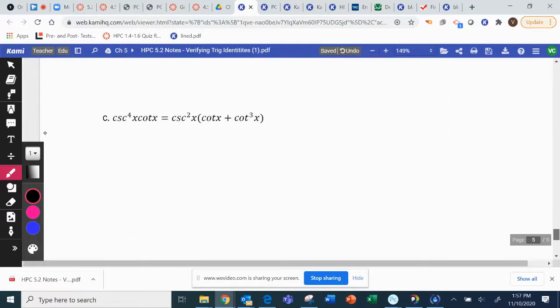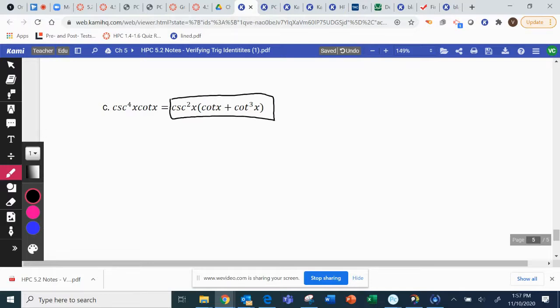All right, last one. So I'm going to work with the easier side, which is the harder side. We need cosecant squared when we're done. Right now I have cosecant to the 4th.